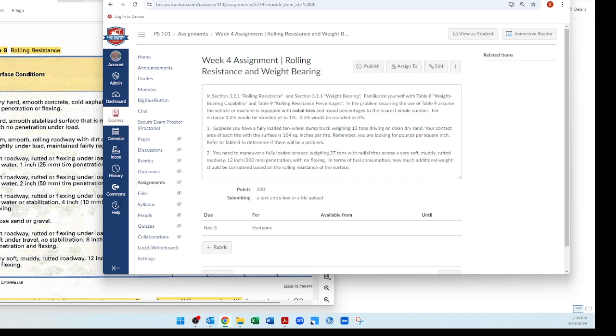So what we would have to base our estimation for fuel consumption and production time on would be as if the machine, the payload, and the rolling resistance were 64,800 pounds total for doing our calculation.